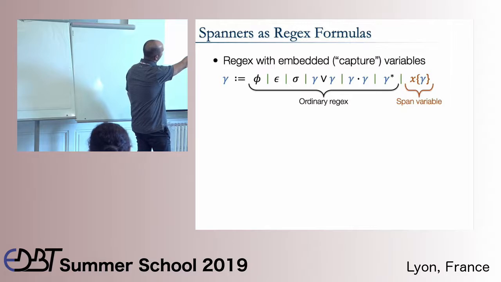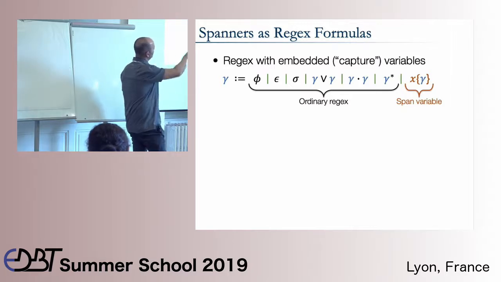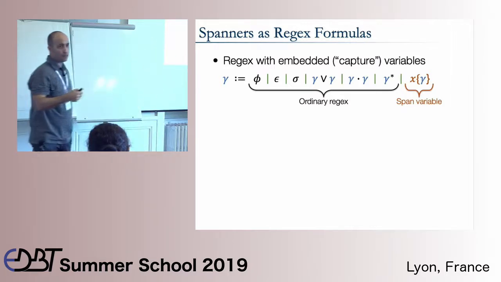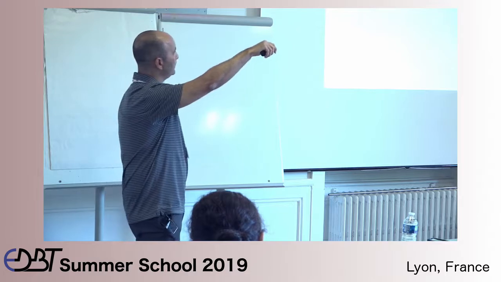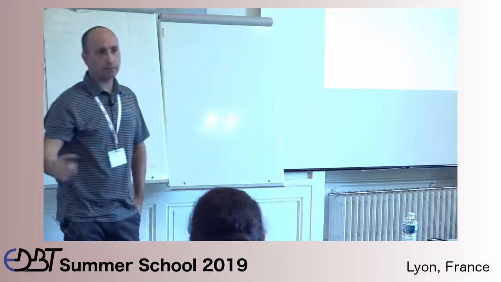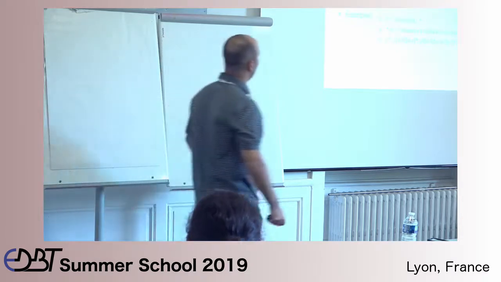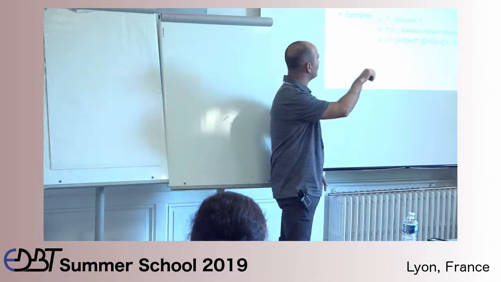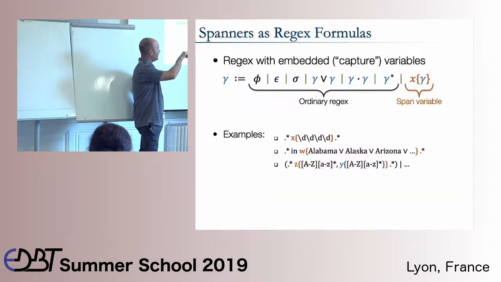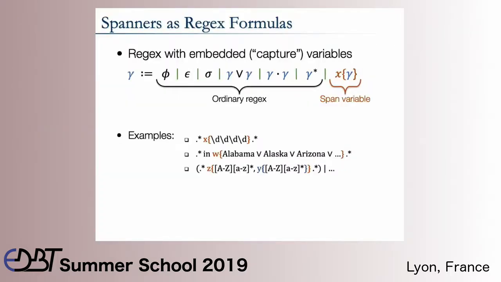And we also allow you to use this construct, which is a variable x, and inside it you put the regular expression that you match into this x. So for example, if you have some regex formula like dot star, x, and inside x you have 4 digits, and then dot star, it extracts all of the matchings of 4 digits in the document.